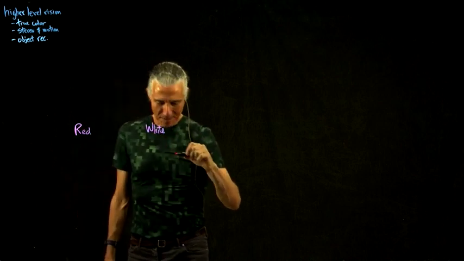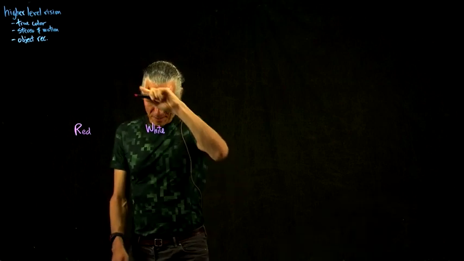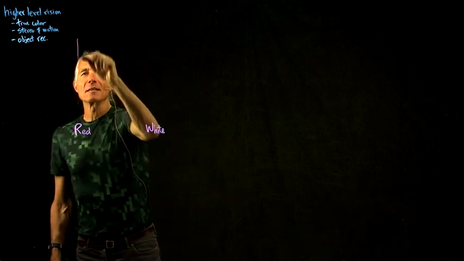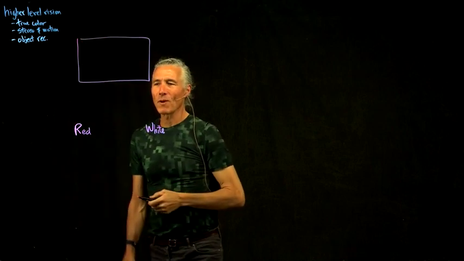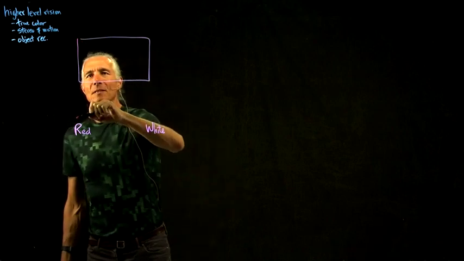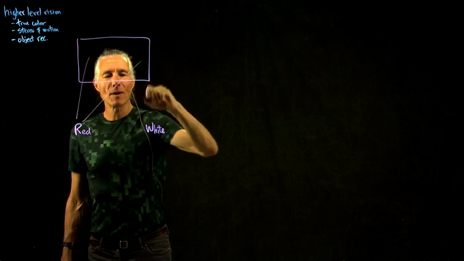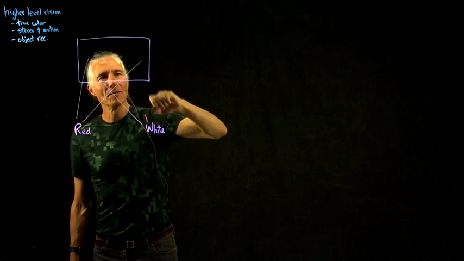This is something you can easily set up, and just project a red and a white light onto a more or less white wall. It doesn't have to be totally white.